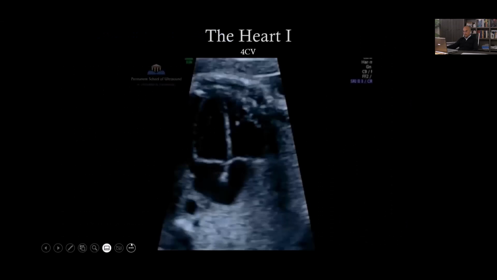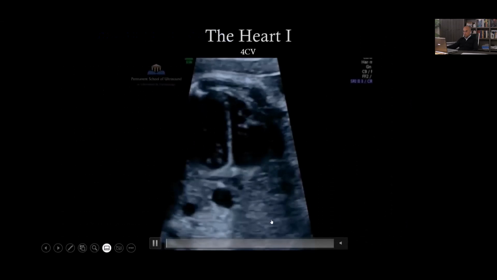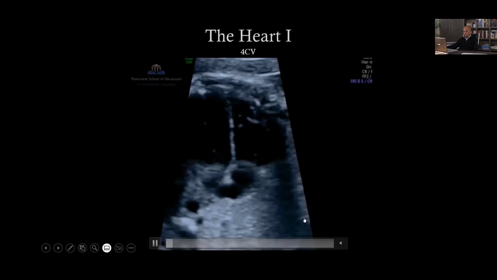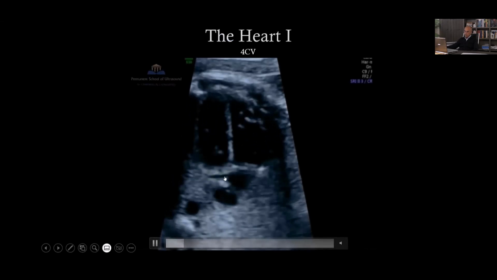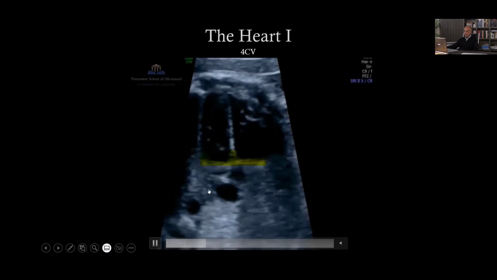I will show you in this short cine loop all the aspects that I showed you before. You can see here the coronary sinus going to the right atrium, very close to the mitral valve, identifying the left side of the heart.